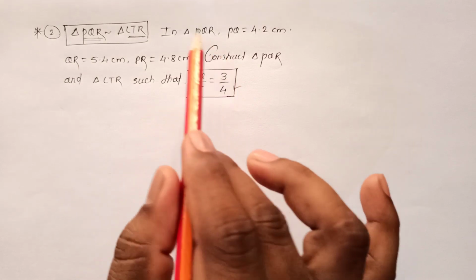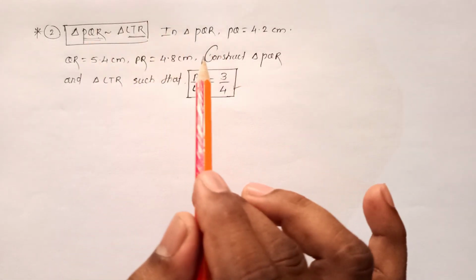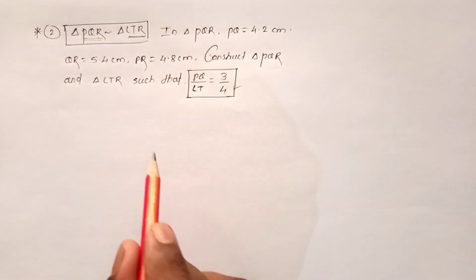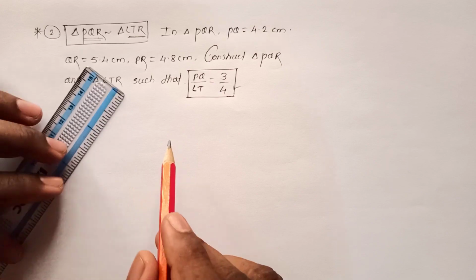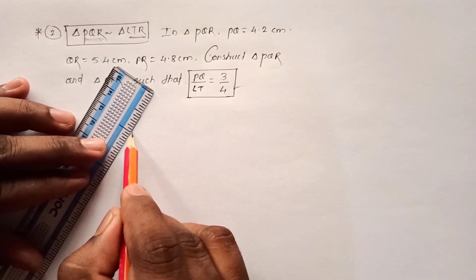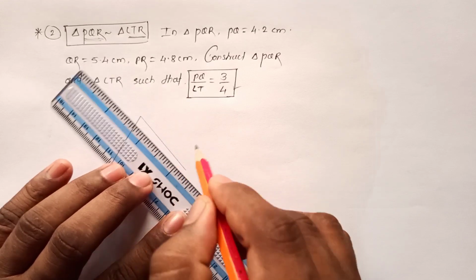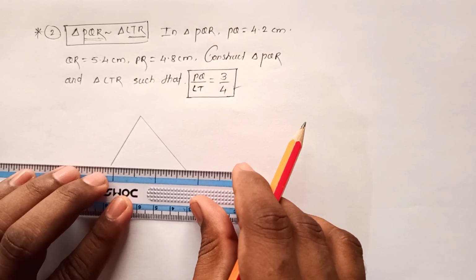Now, when you are going to construct this smaller triangle, look at this. Suppose this is the rough figure of triangle PQR.